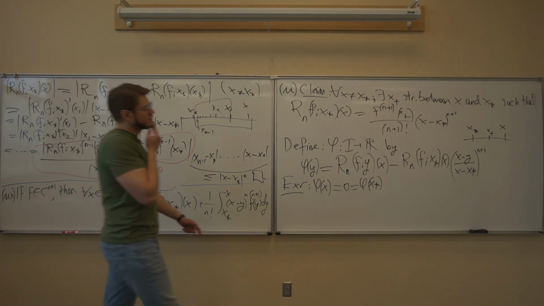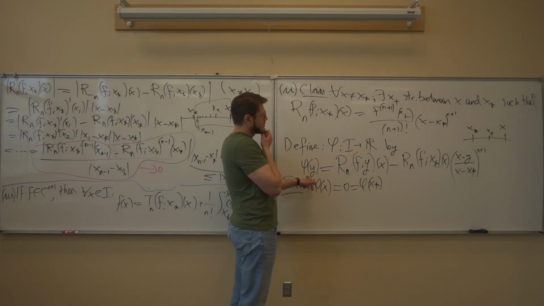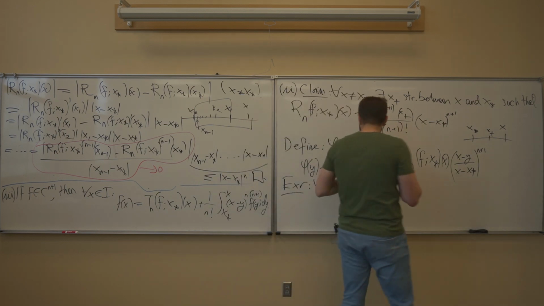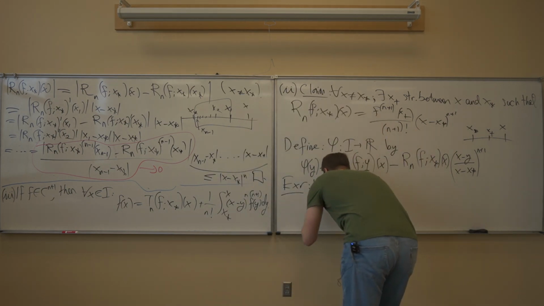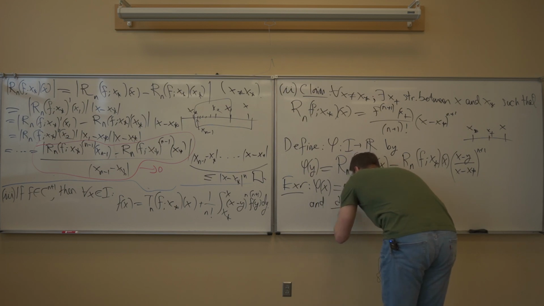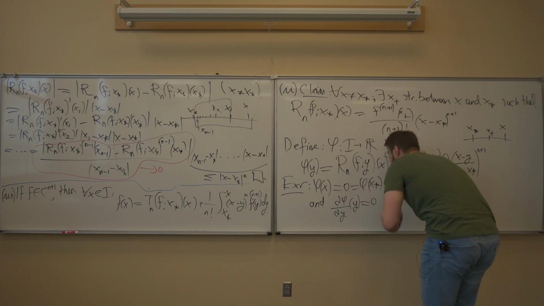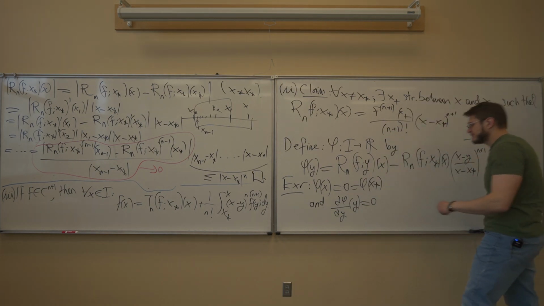And any critical point of phi precisely satisfies this equation. And so d phi by dy at y equals 0 if and only if this happens.